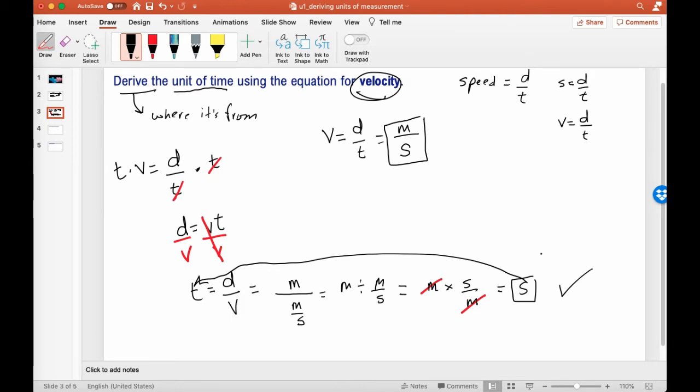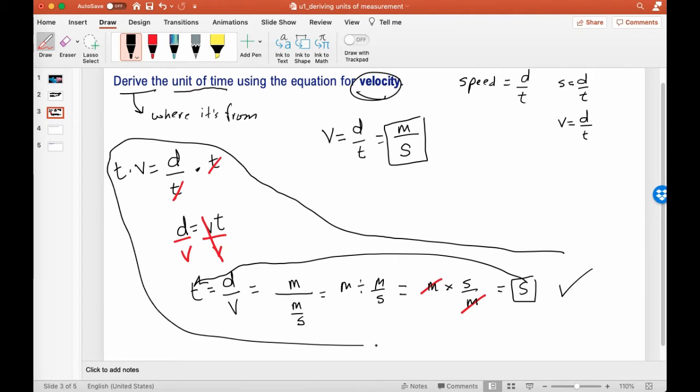All of what we've just done here is us deriving the unit for time. It's very elementary, very simple, very basic, but this is a skill that is going to serve us time and time again.